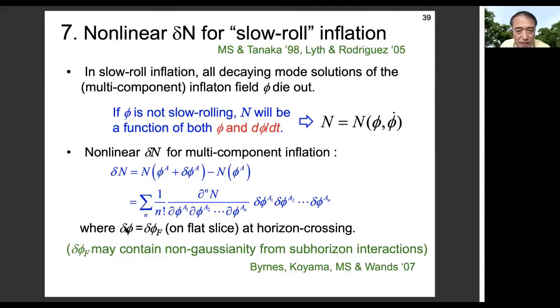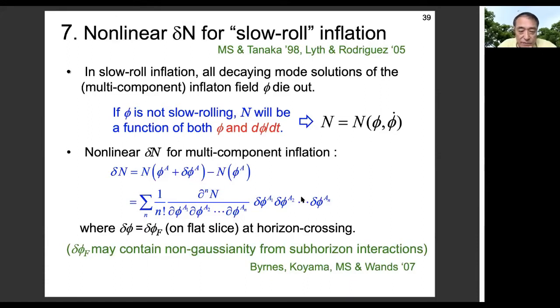And in many cases, if they are all slow rolling, they can be approximately evaluated very easily, like H over 2 pi and so on. This delta phi would contain all the necessary quantum fluctuation information.